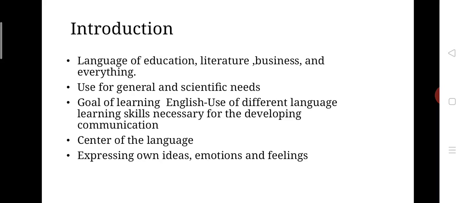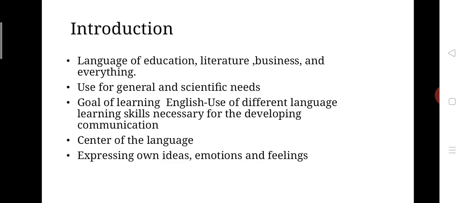It means it is a world language. There are different uses of English language. In general, here we can see use for general and scientific needs.